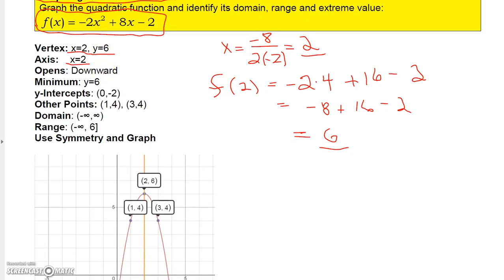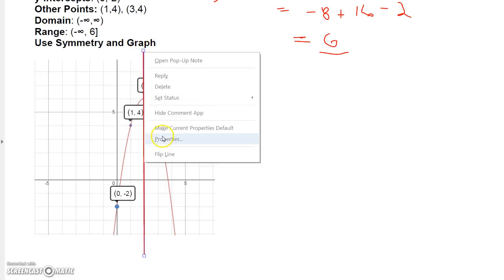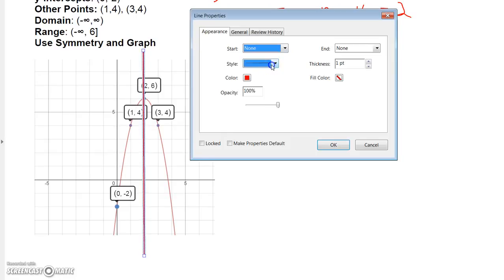So let's pretend like this graph is not there for just a moment, and let's think about what I would need. I would draw the vertical line that goes through x equals 2. That would be my axis of symmetry. And actually, let's draw it dotted, not solid.